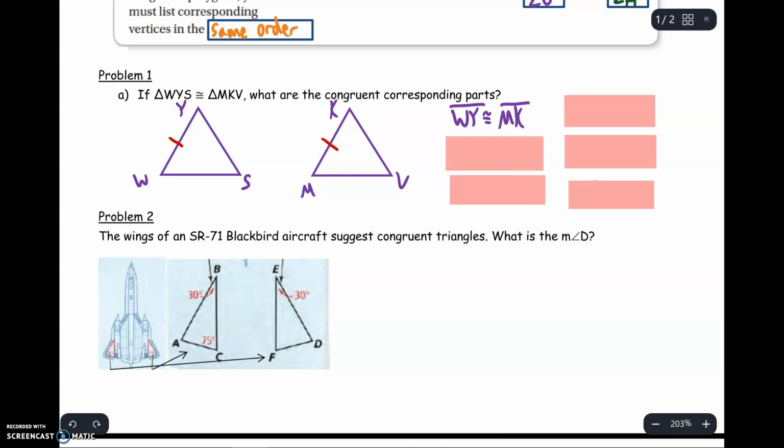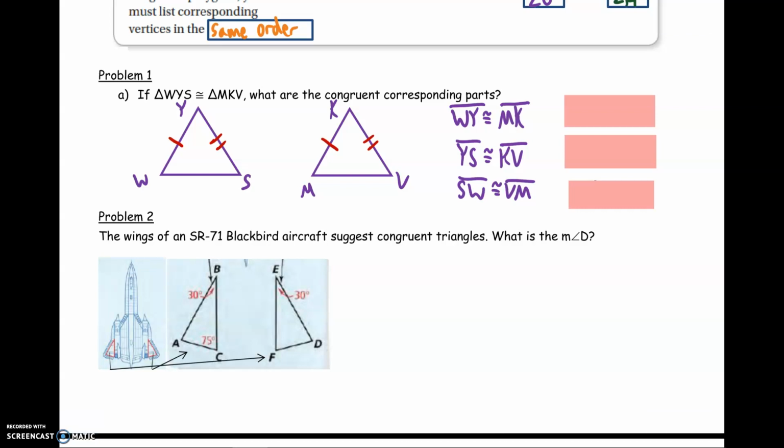If I'm looking at the next two letters, so second two of each name, YS, KV, we should already know that those are congruent, just based on the name itself. Or I could look at the figure and see that those matching sides are congruent, and those are what we call corresponding parts. So last pair, if I match up the last letter and the first letter, I could call that SW, I could call that VM in that same order. And we can also see, just going around my figure, SW and VM, that would be our bottom side that's also congruent.